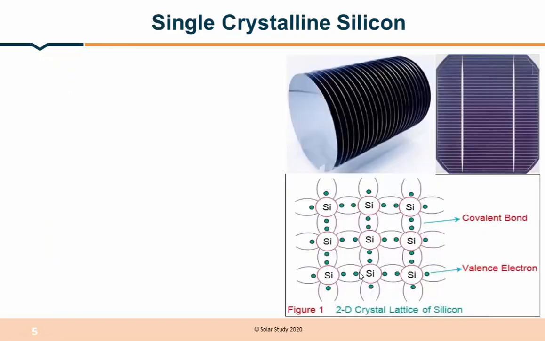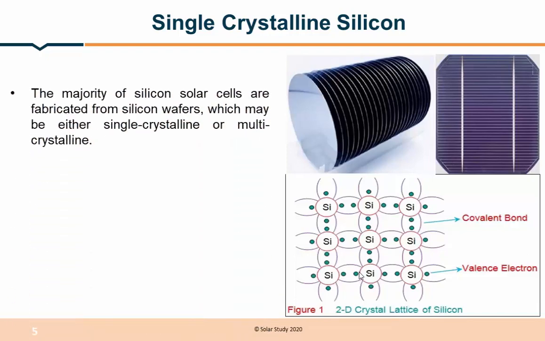Now you will see how a silicon solar cell is formed. We have already talked about the silicon structure. It contains 4 electrons in the outermost shell and is completely bonded together with covalent bonds. The outermost electron is called a valence electron.